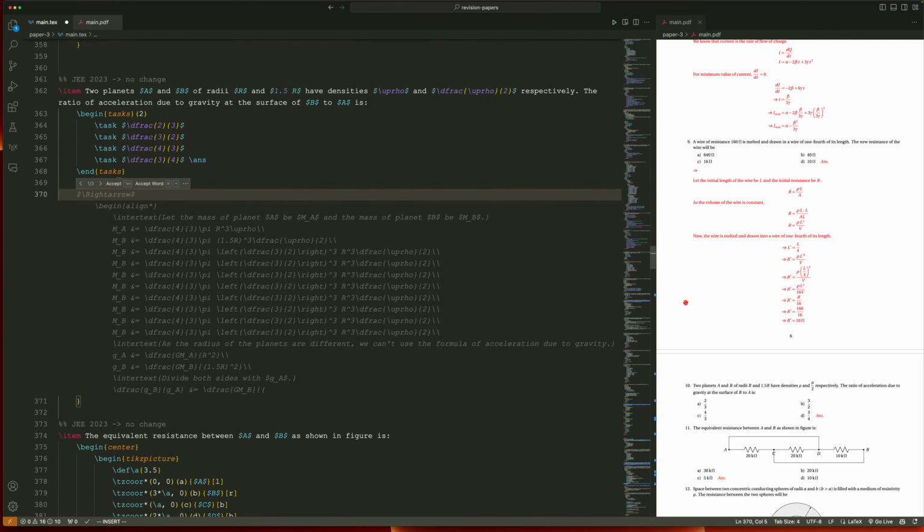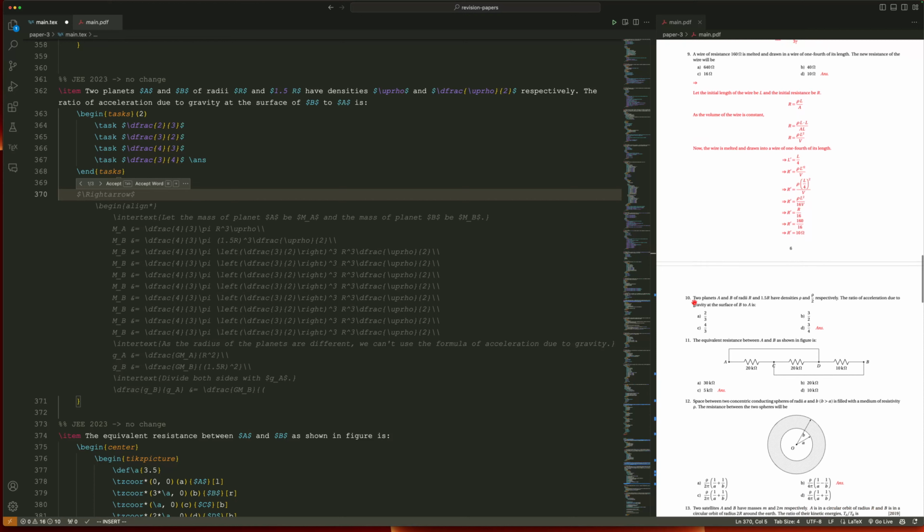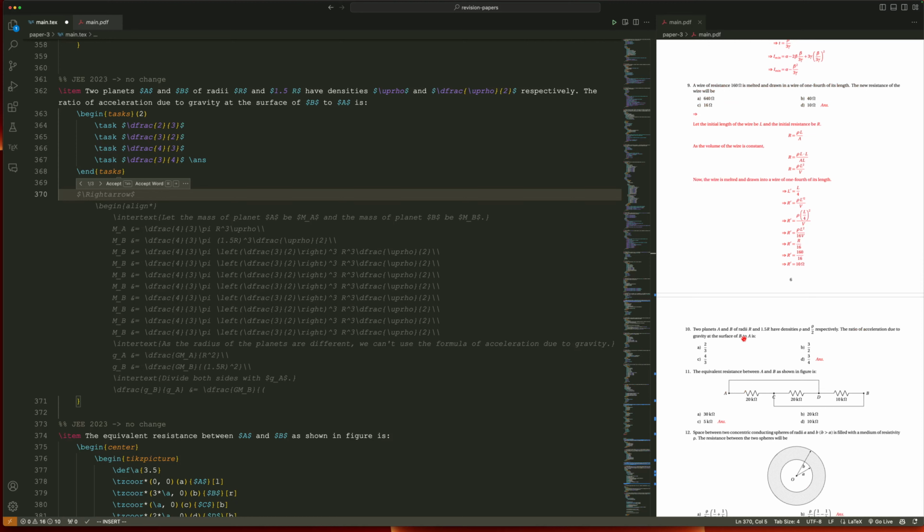It started well, but at the end it just messed up. So let's not accept everything. Let me first read the problem. Two planets A and B have radii r and 1.5 r, and their densities are given. Find the ratio of acceleration due to gravity at the surface, B to A.